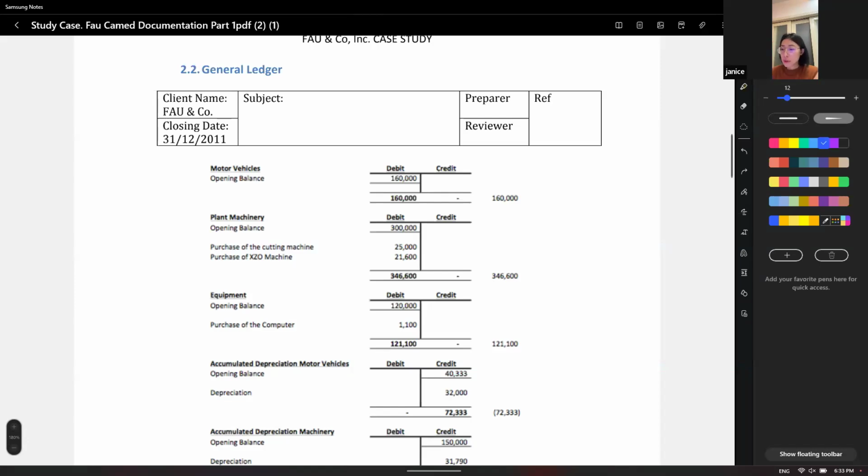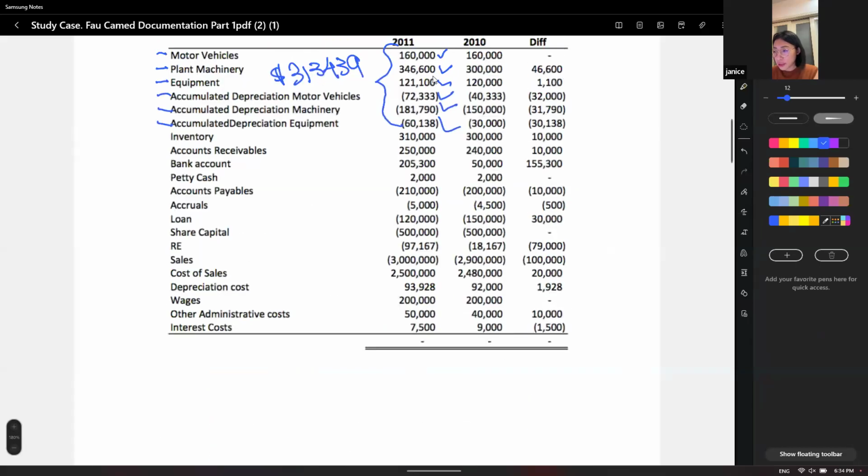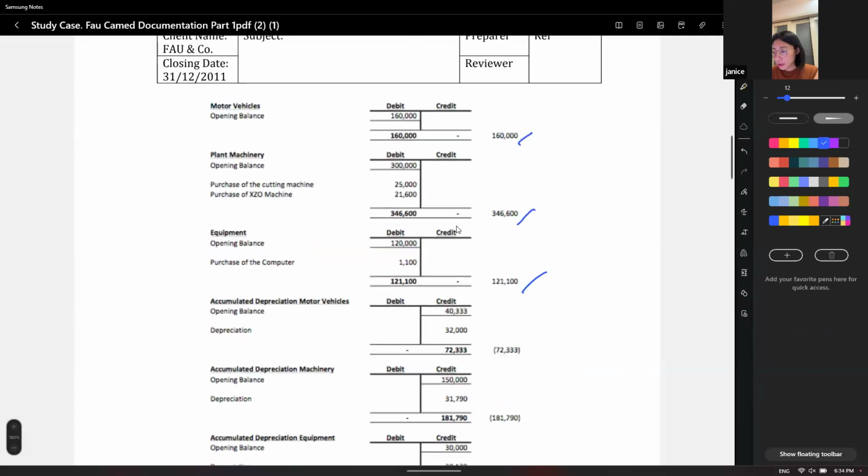All right. So for the motor vehicle, do we have 116? The plant and machinery, 346,600. And for the equipment, 121,100. Let me double check. 116, 346,600, 121,100. Yes, it's the same amount.